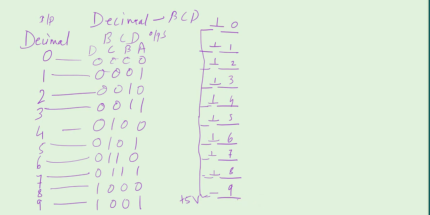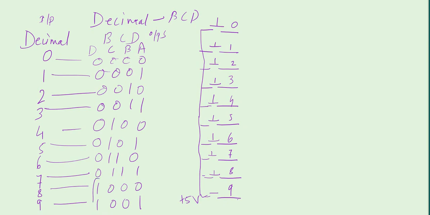Now we have to design a circuit. The outputs are 4 outputs A, B, C and D. Consider from the simplest case, D. D is high only in case of 8 and 9. For all others, D is always 0.